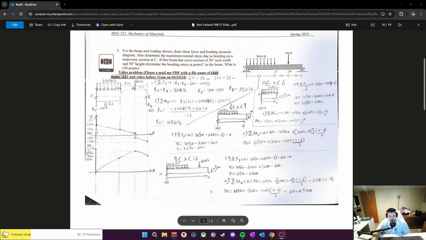At 0, the shear force is equal to 2,250, and at 6, the shear force is equal to 1,500.